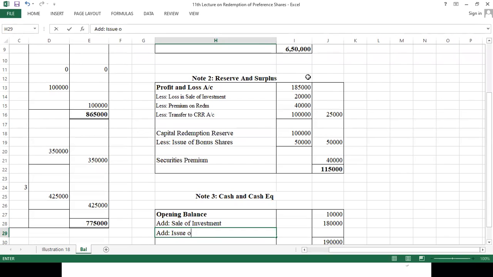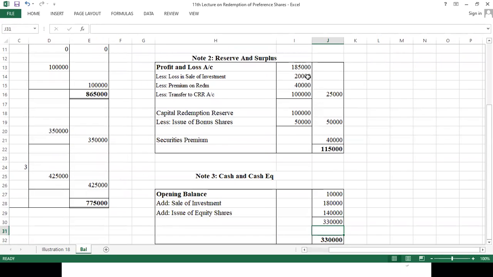So issue of equity shares, from here we got 1,40,000 amount. So total we have 3,60,000 less we paid amount to preference shareholders.